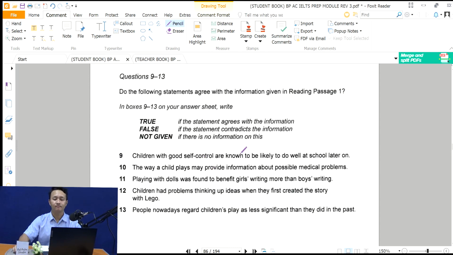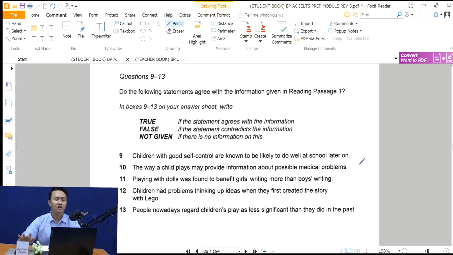The first thing that you need to know about true, false, not given is that you should not let your prior knowledge, or everything that you know about the topic of the reading text, affect your answers. Why? Let's say number 9, children with good self-control are known to be likely to do well at school later on.